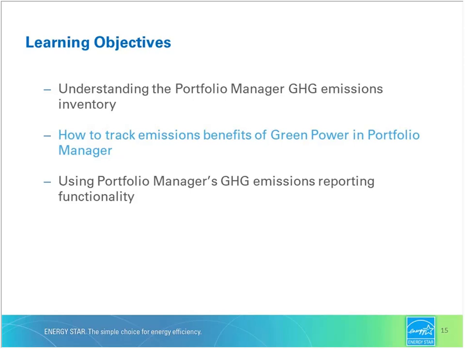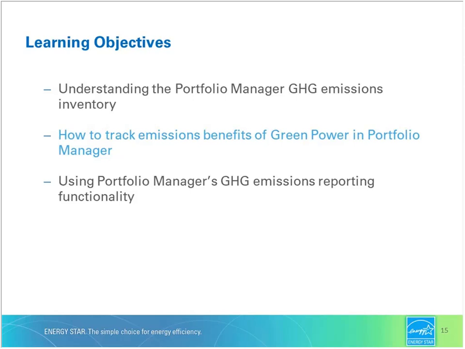Green power, in the context of what you're tracking in Portfolio Manager, can be obtained from either on-site sources like on-site solar photovoltaic or wind turbines, or it can be obtained from off-site sources, so a solar or a wind farm that is located separately from your building.